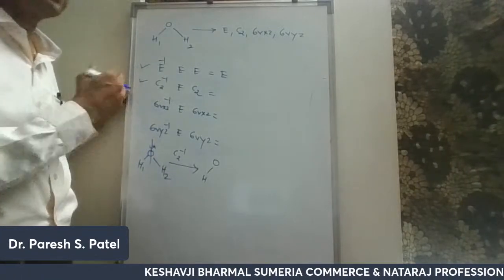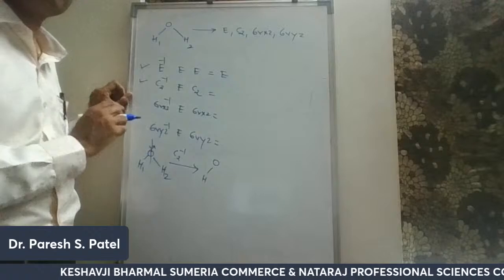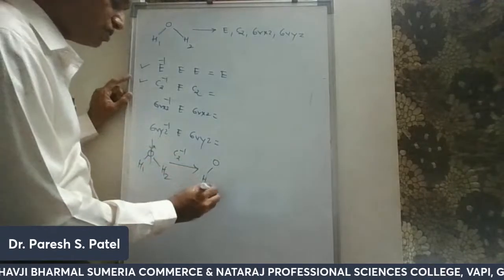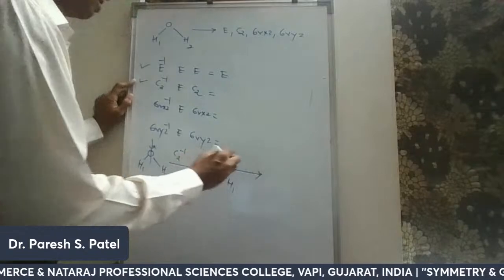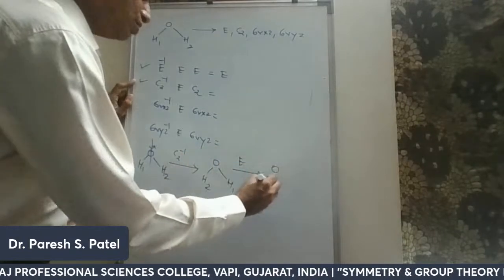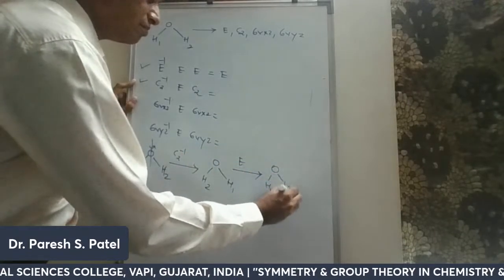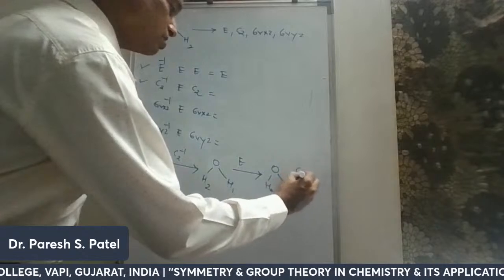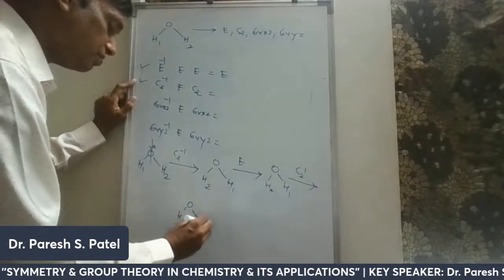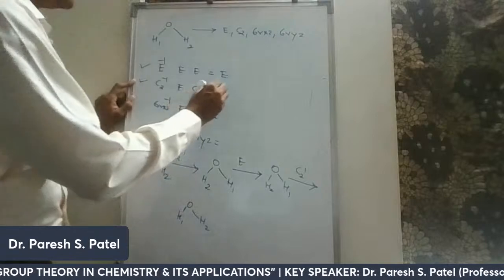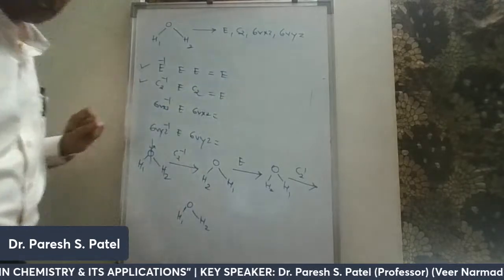Clockwise rotation and anti-clockwise rotation in the case of the water molecule both are the same in changing the position of the hydrogens. Again identity, so there is no change in the position of the hydrogens. Again C2 gives the original molecule, which means there is no change, meaning identity.